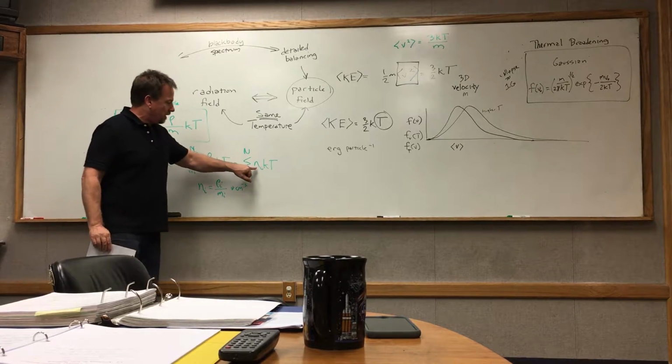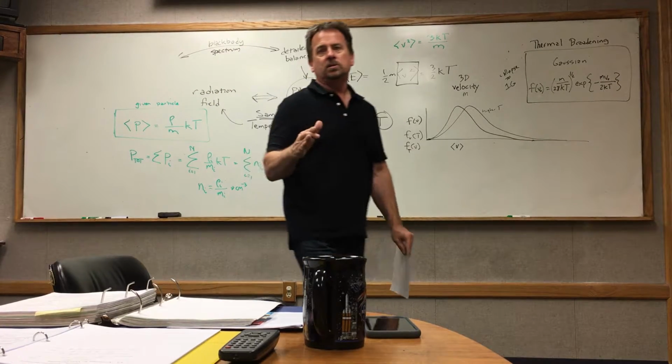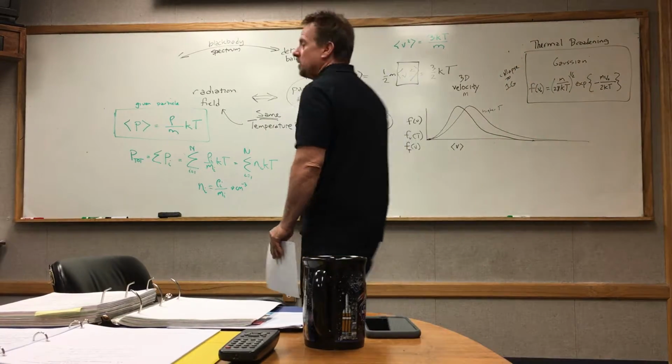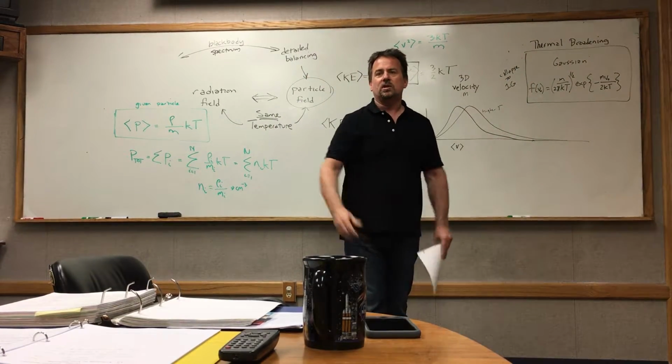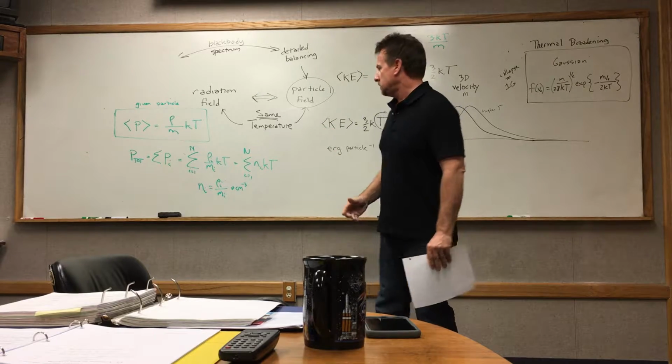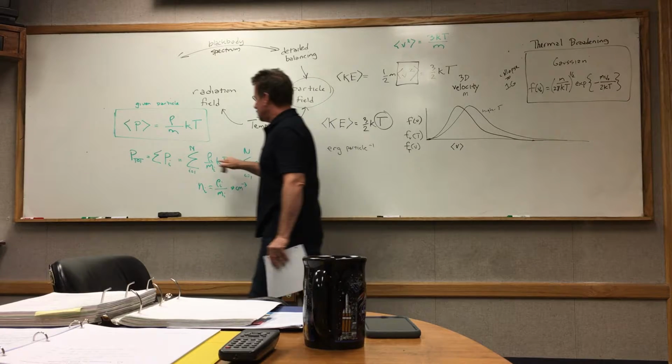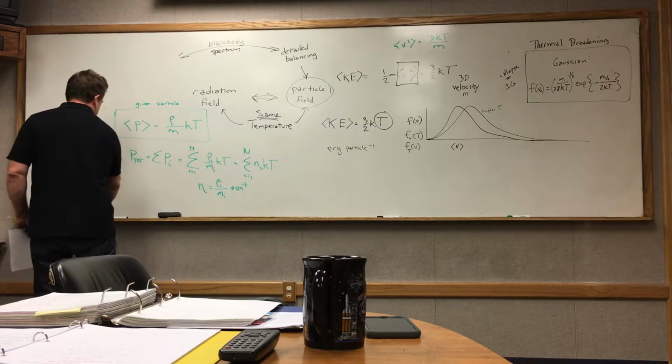So if you know the number density of all your particles, and you know the temperature of the gas, you're in business. You can get the total pressure of the gas. Sum up over all the particles, number densities of all the particles, boom.